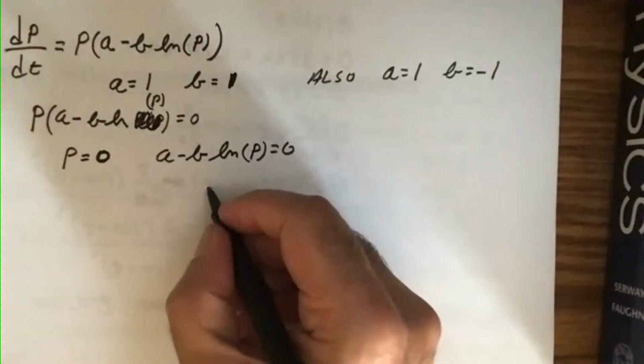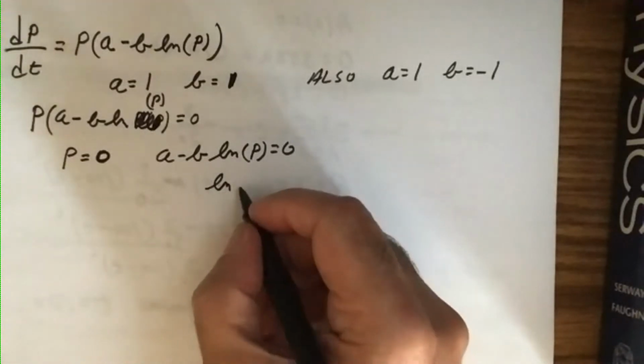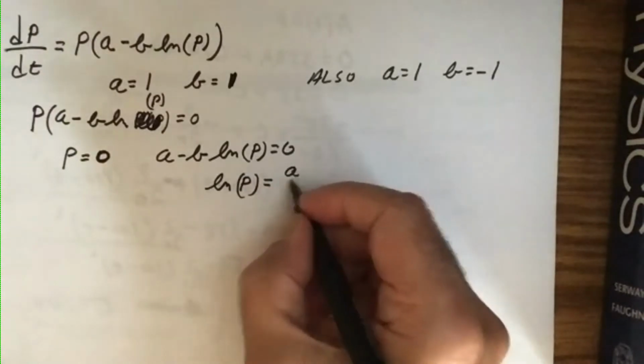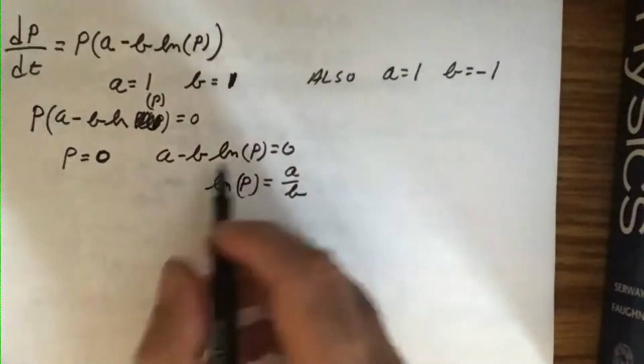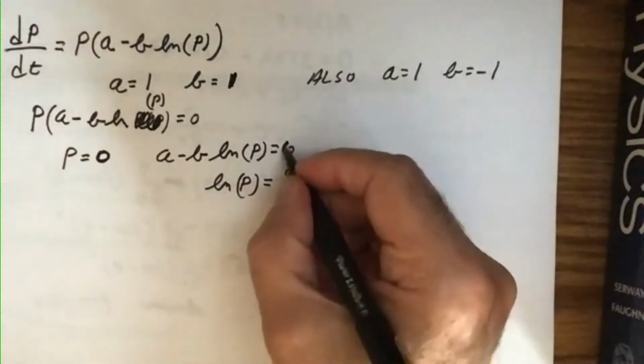So what do we get here? We get the natural log of p is equal to A over B, right? If I bring this over to this side, everybody see that? This is 0.